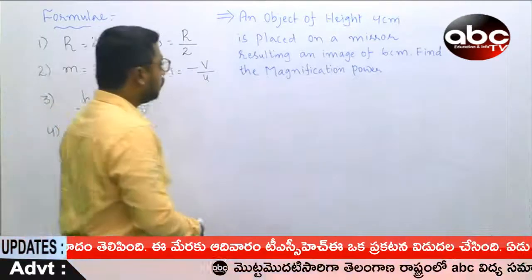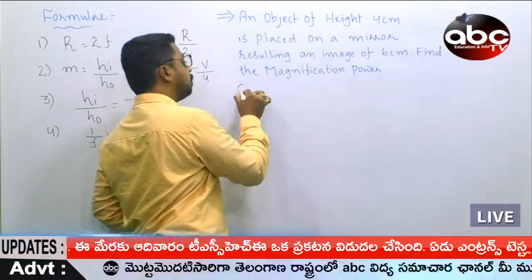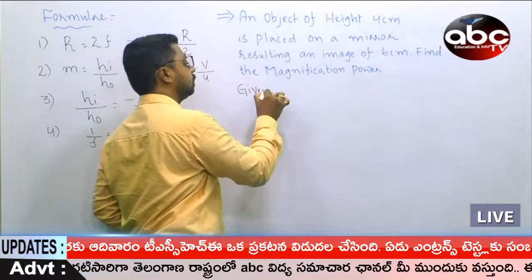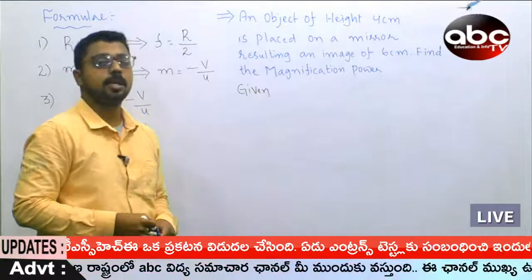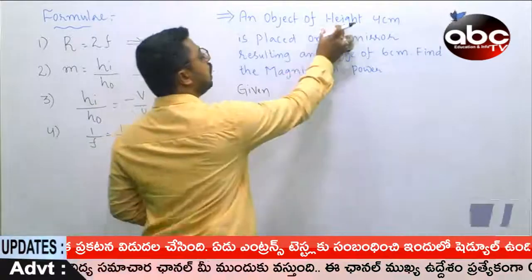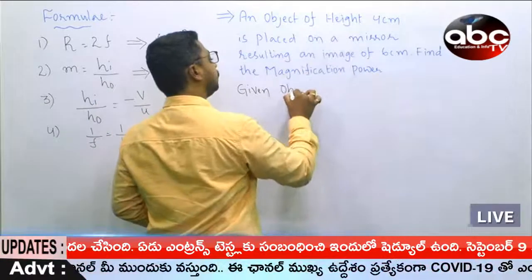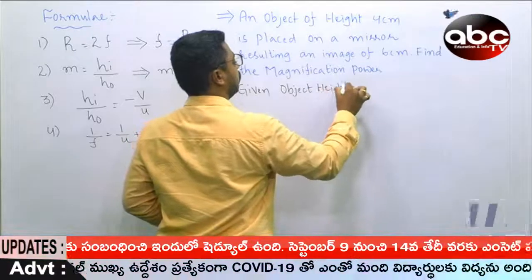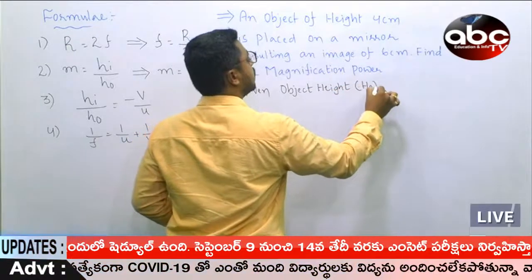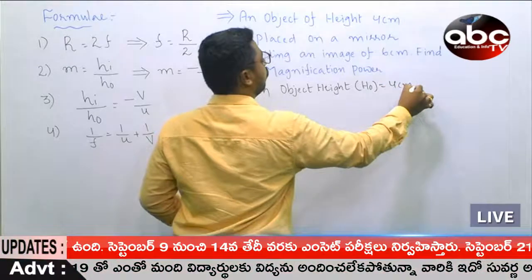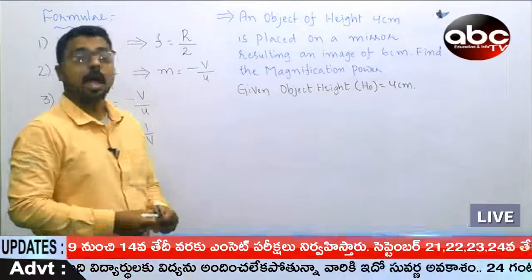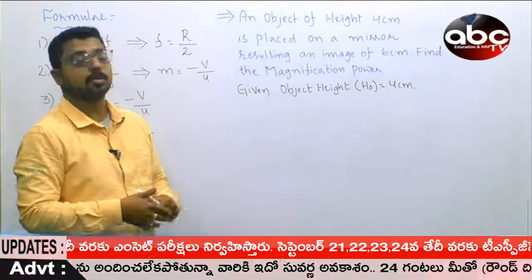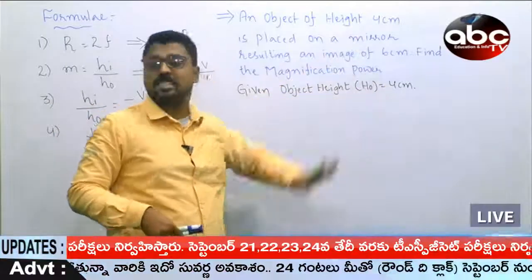So listen, in this what should be given? First, the height of the object is equal to 4 centimeters. And one more thing, you may have a doubt about plus or minus here.